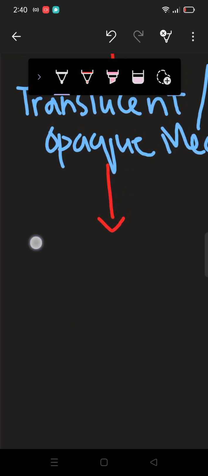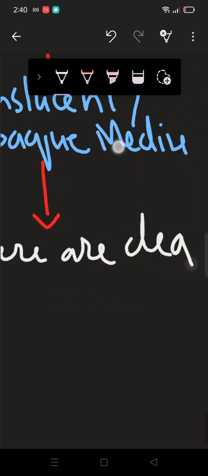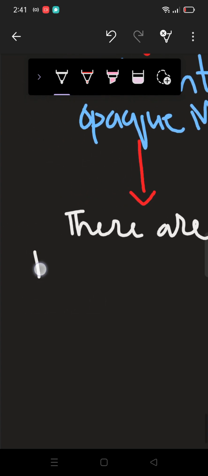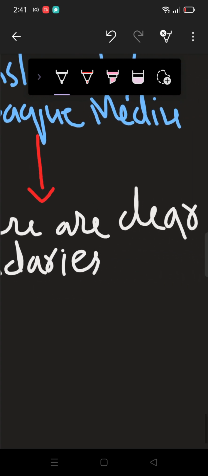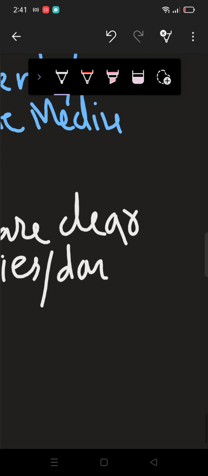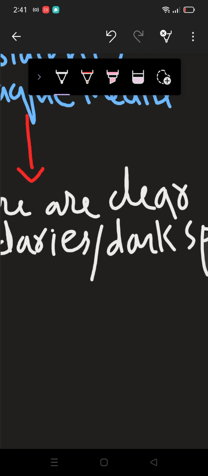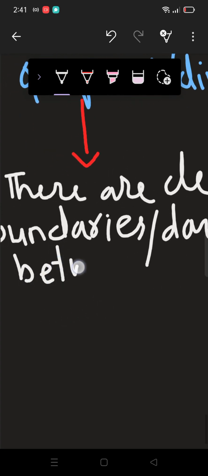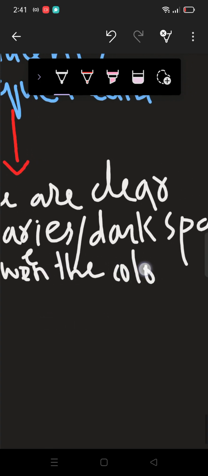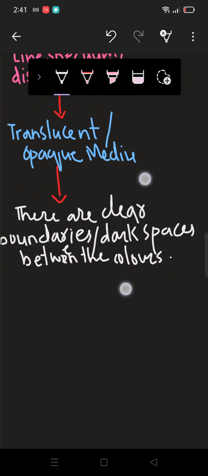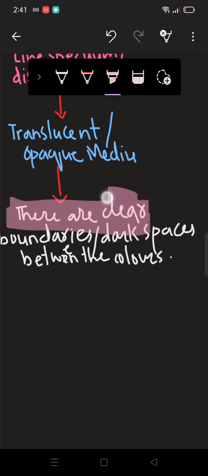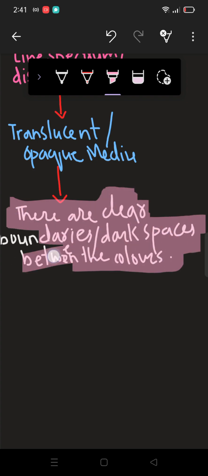So there are clear boundaries or dark spaces between the colors. And as I told you, this is produced by the translucent or opaque object.